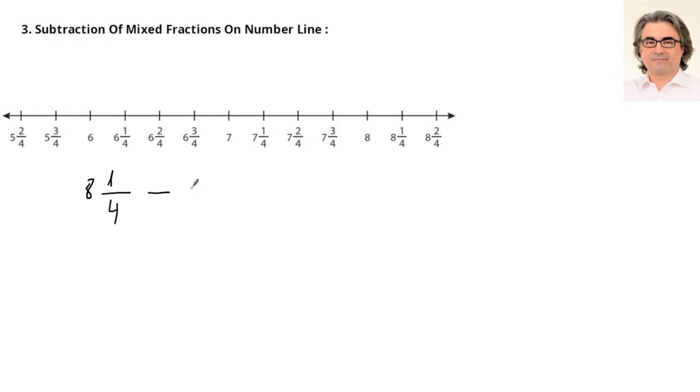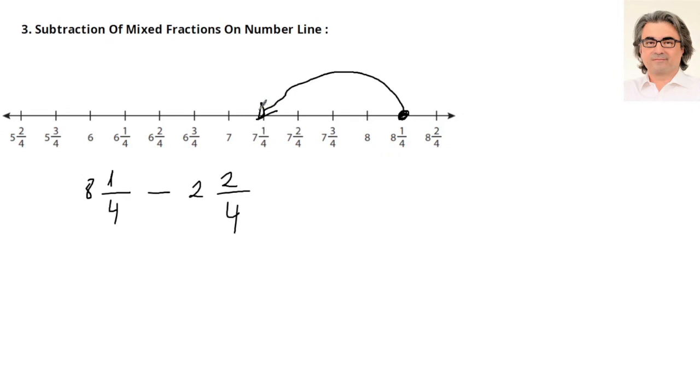For example, 2 and 2 over 4 be my number. So firstly I should come to here and go 2 units exactly. It means if you go 1 unit you will reach from 8 and 1 over 4 to 7 and 1 over 4.